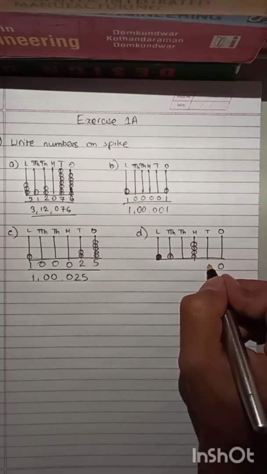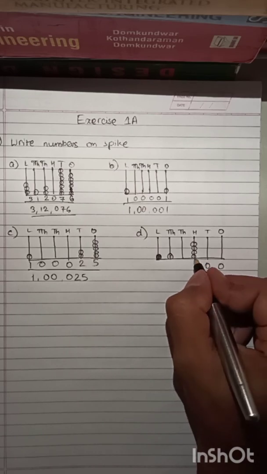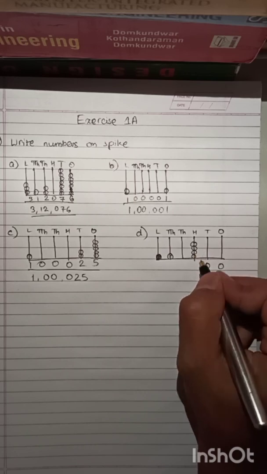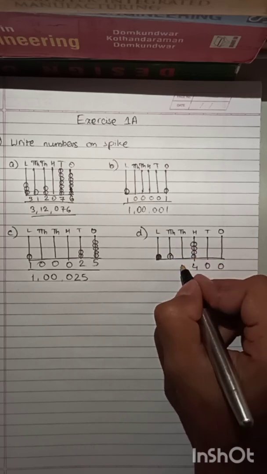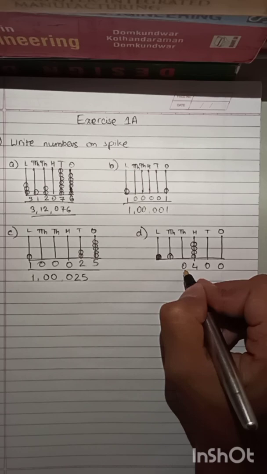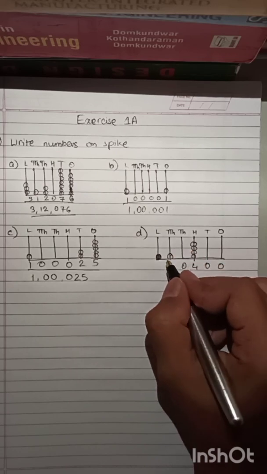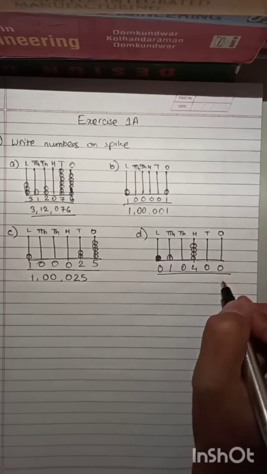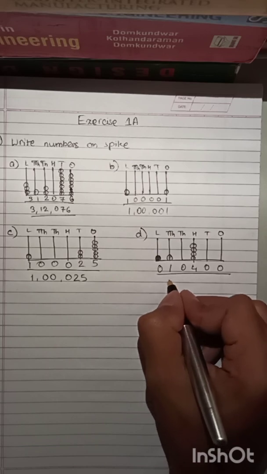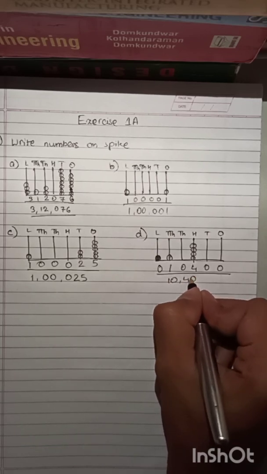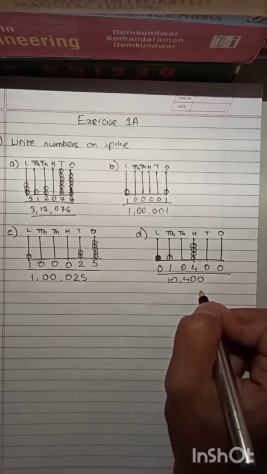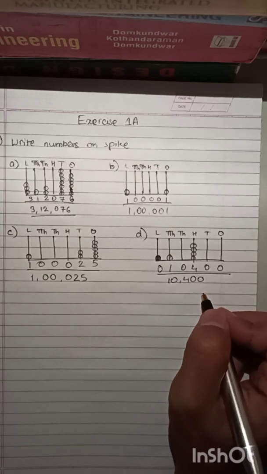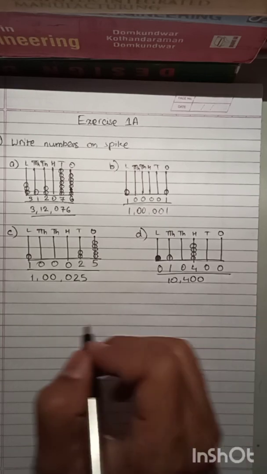Here also we don't have any number, this also becomes 0. Here we have 4 beads, so it becomes 4. Again no beads, so it becomes 0. Here 1, here 0. So ultimately our number becomes 10,400. Now let's move on to next question.